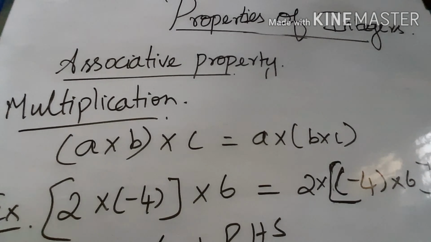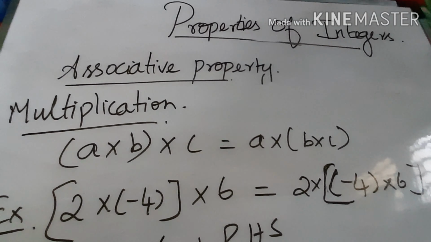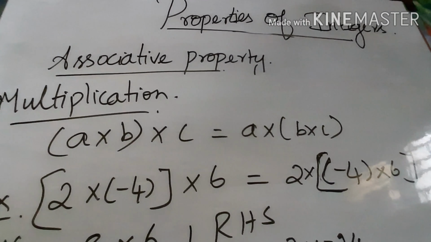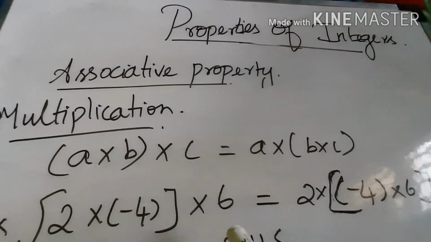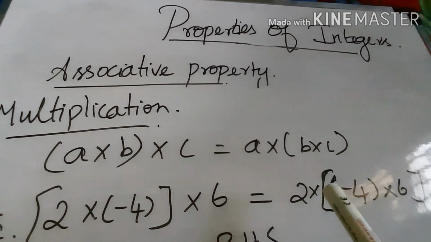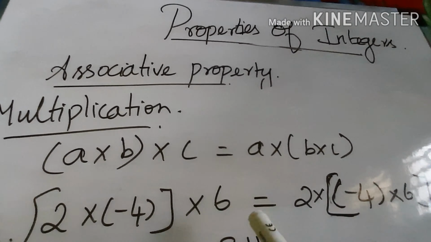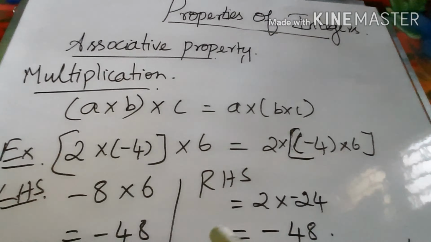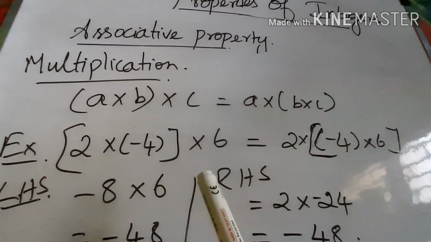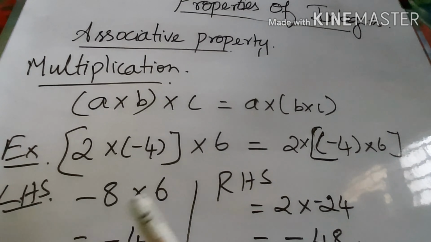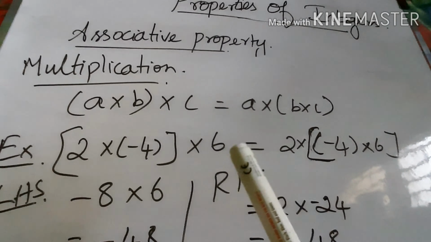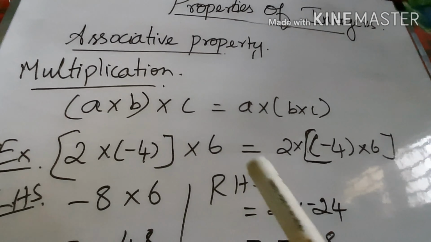Next is the associative property for multiplication. Here a cross b, bracket, cross c is equal to a cross b cross c, where the last two numbers are put in the bracket. Taking the example, 2 cross -4 multiplied by 6, equal to the same with the bracket changed, we find whether this is true or not.